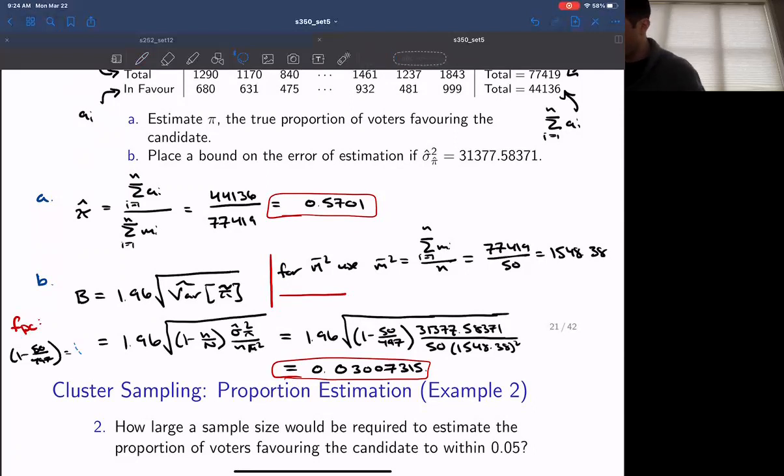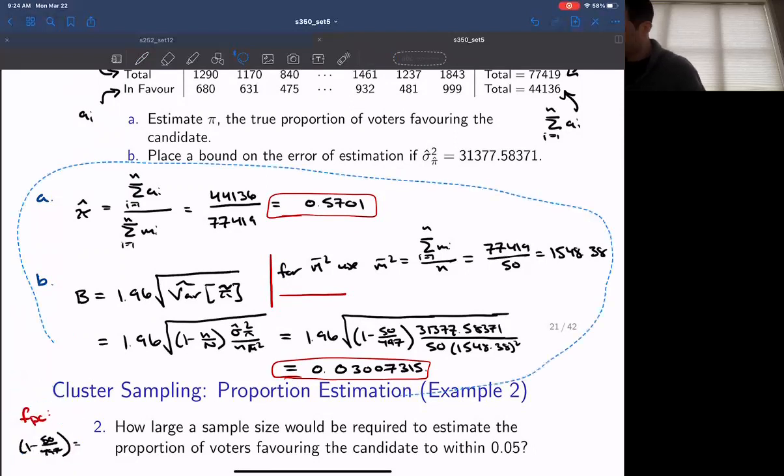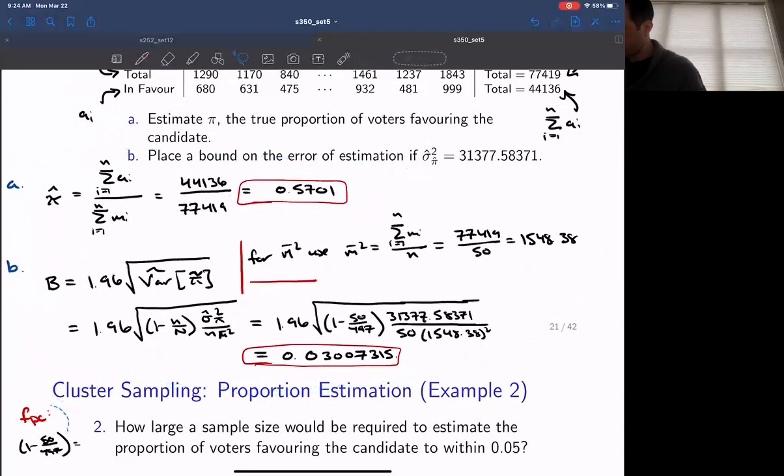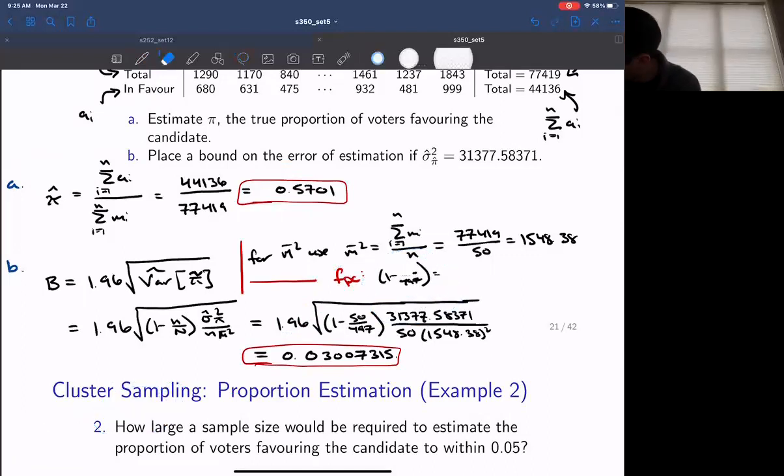All right, so for the FPC, just to clarify, we have 1 minus 50 over 497, which is 0.899. Okay, so therefore we have to use it.